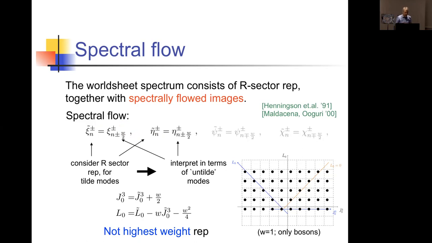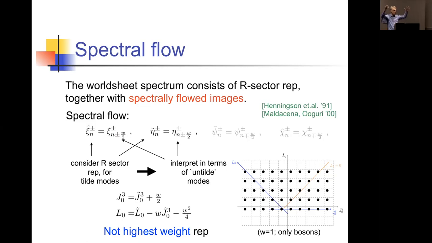So the idea is you start with your standard Ramond sector representation, say the one you are familiar with, and you interpret it as the representation with respect to the tilde modes. So the tilde modes act on the standard highest weight representation, and then you simply decide that you look at this space with respect to the action of the untilded modes that are shifted up and down.